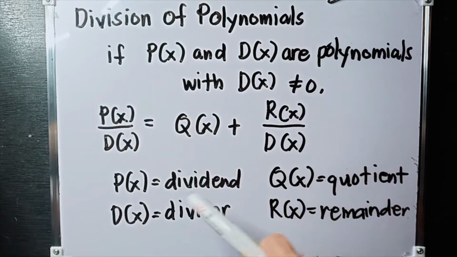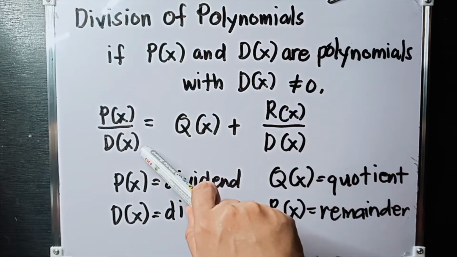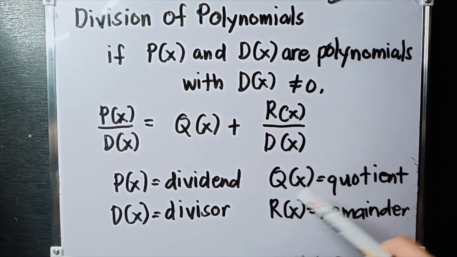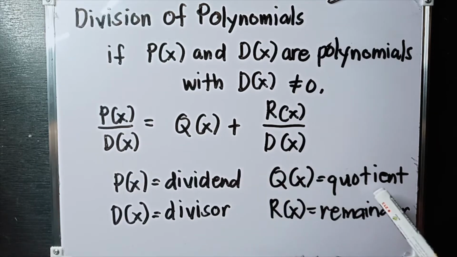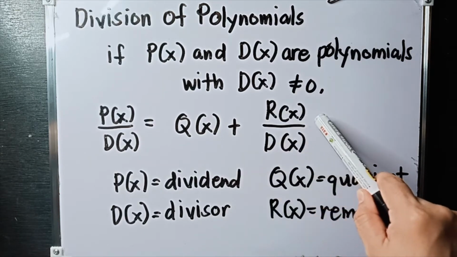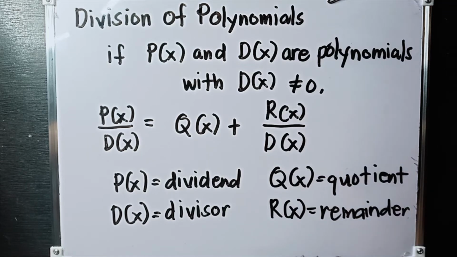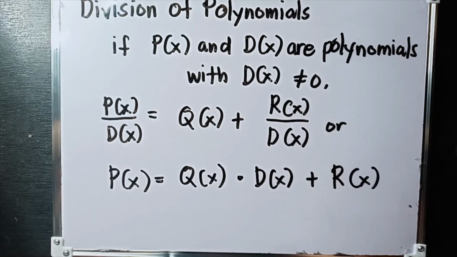P of x stands for the dividend, while d of x stands for the divisor. Q of x is our quotient, and r of x is the remainder. Or we can also write it as p of x equals q of x times d of x plus r of x, or the remainder.